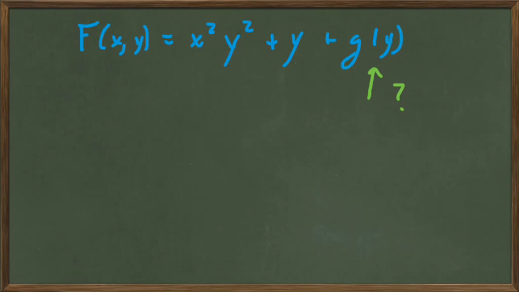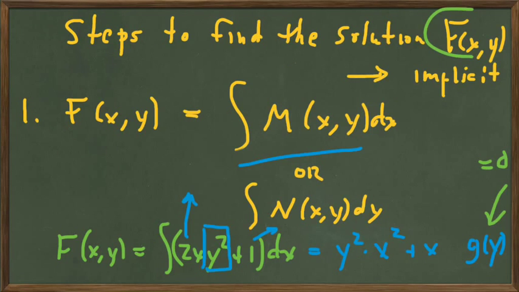So let's see how we find the g of y. What we're going to do is take this f of xy with its unknown g of y, and take its partial derivative with respect to the other variable. We integrated back here with respect to x.